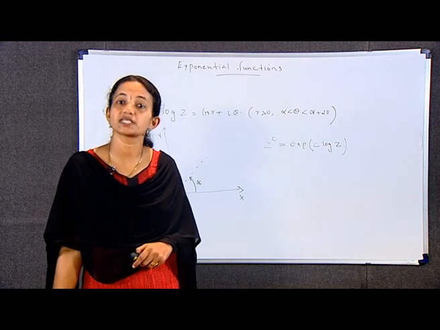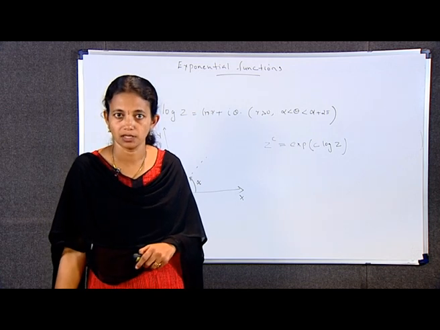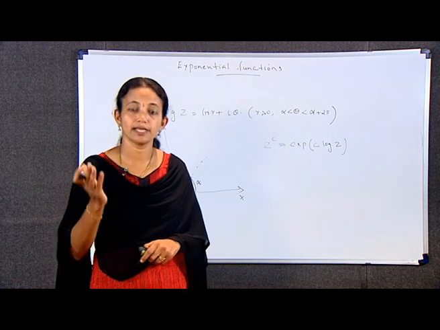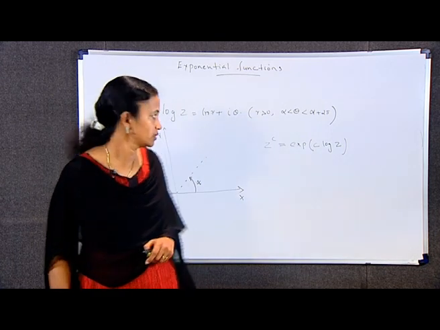The derivative of such a branch of z raised to c is found by first using the chain rule.